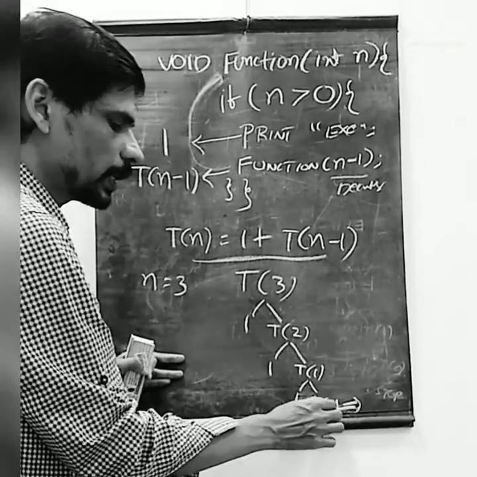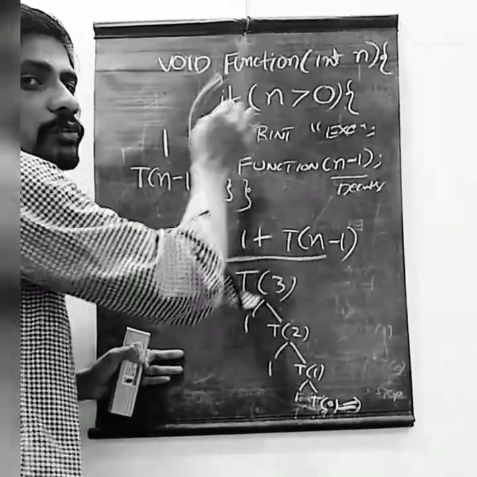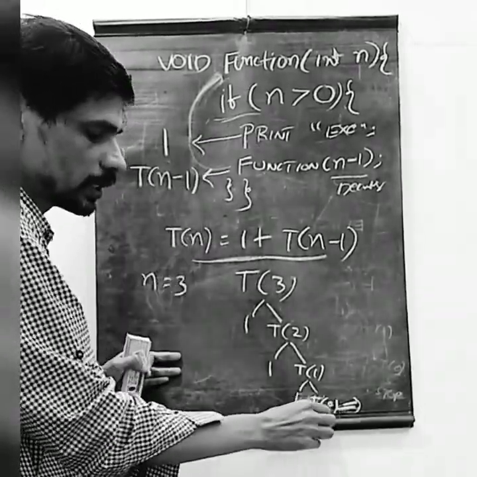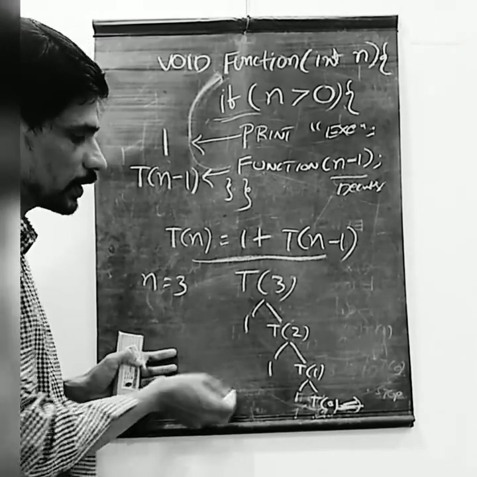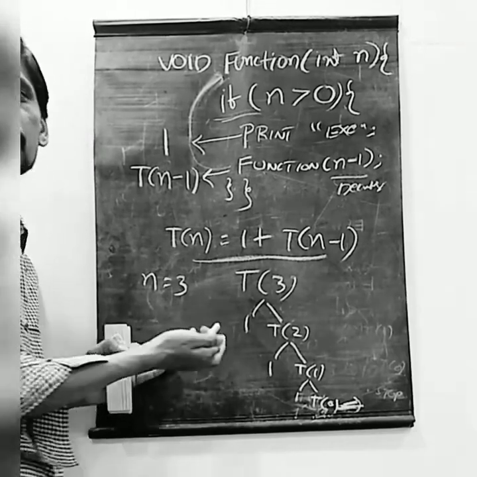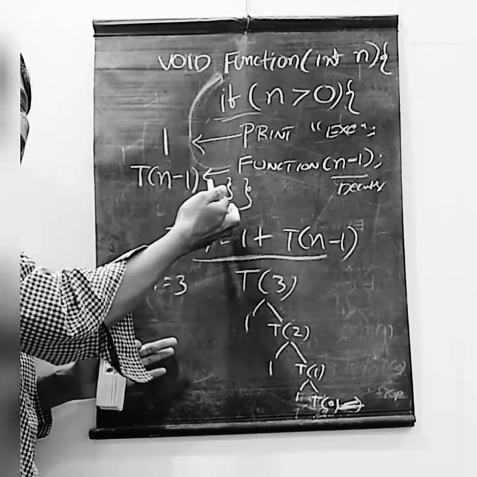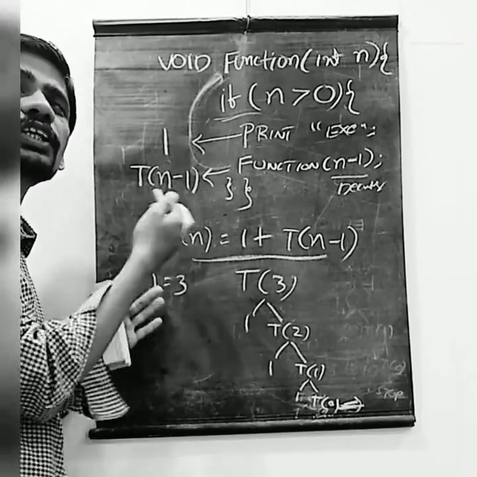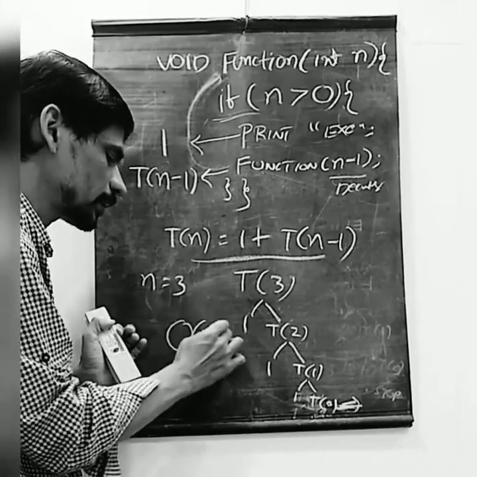So when I pass the 0 value here, my predefined condition will be met and it will stop the execution, right? So how many times did we do this? n times, basically n times. So the complexity of this recursive program is order of n.